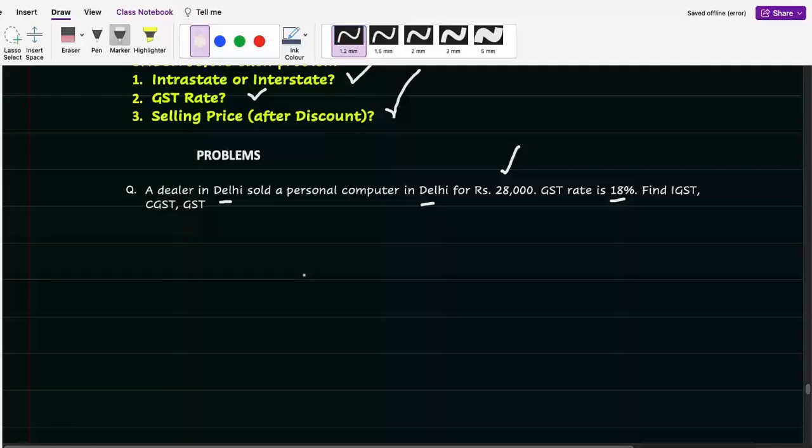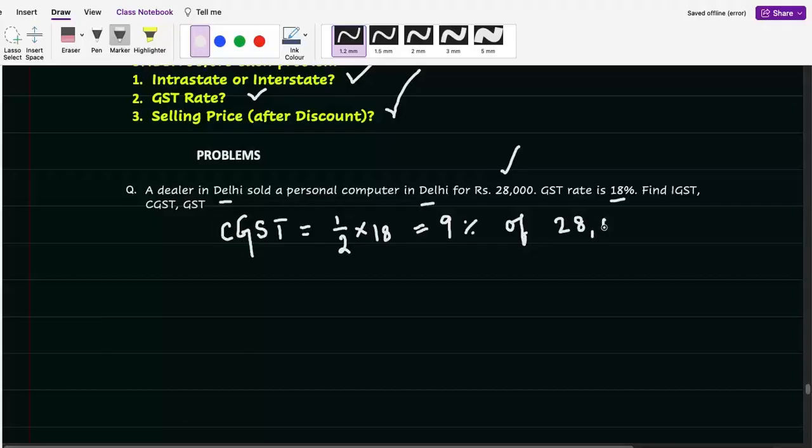So IGST will be nil here because it's an intrastate transaction. So we will have CGST. How much? CGST will be half of this 18%, which is 9%. 9% of 28,000, how much will it be? 2,520 rupees.